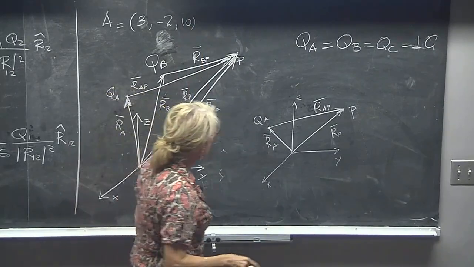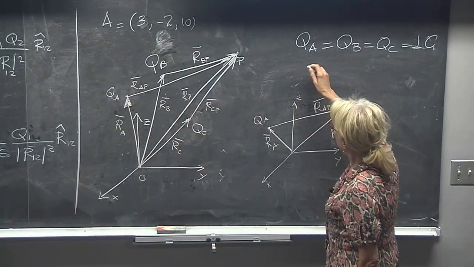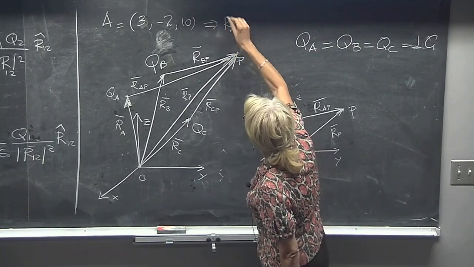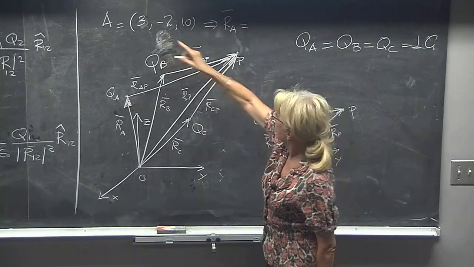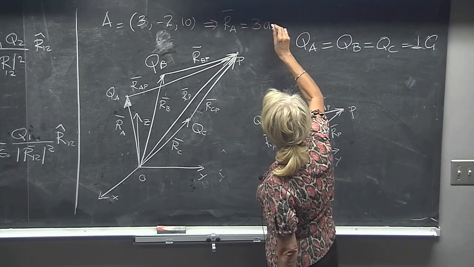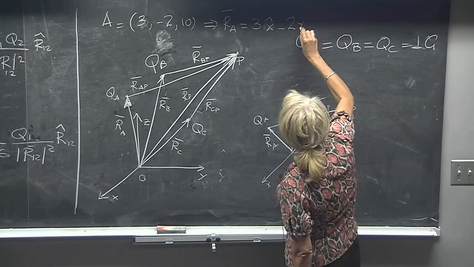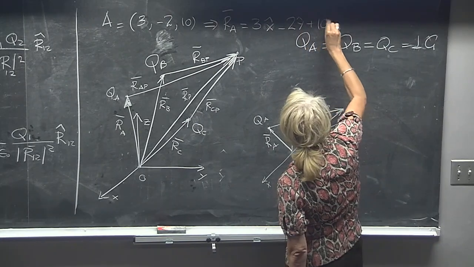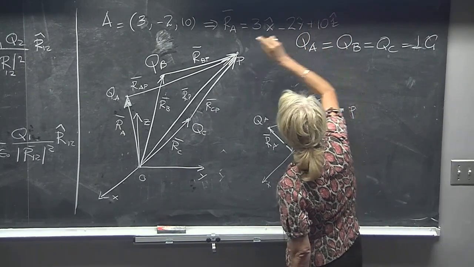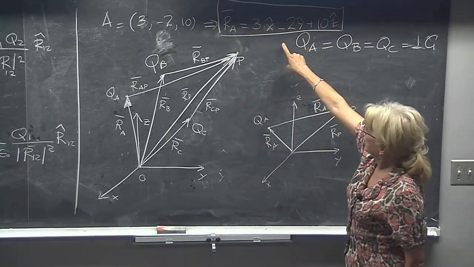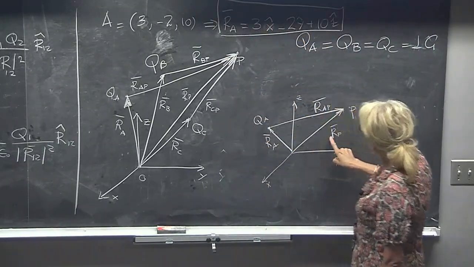How much is vector R sub A? From here, 3X minus 2Y plus 10Z. Is that true? Okay. So now I can find this vector, and I can find this vector.